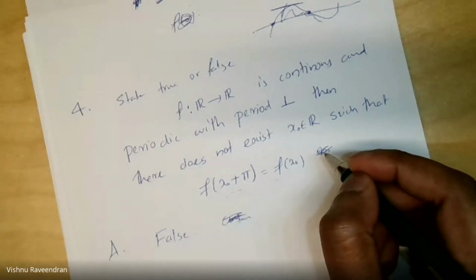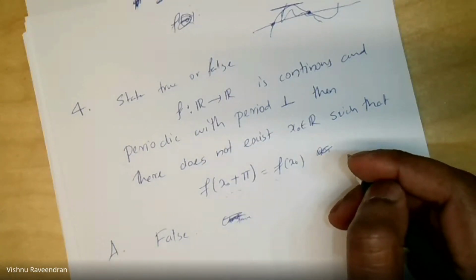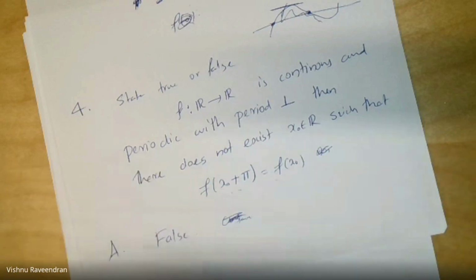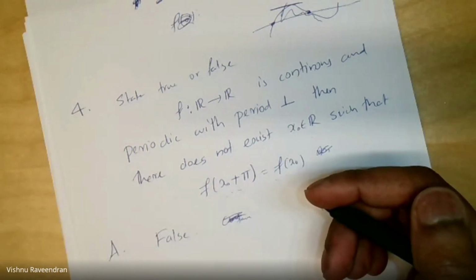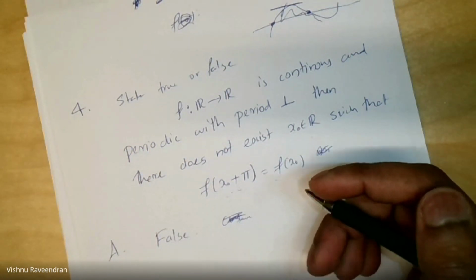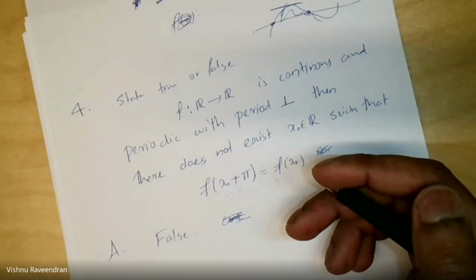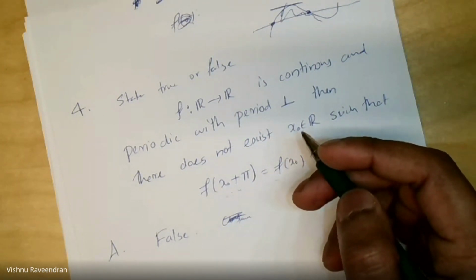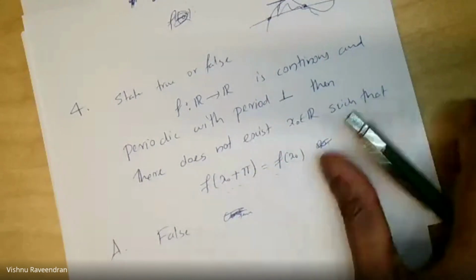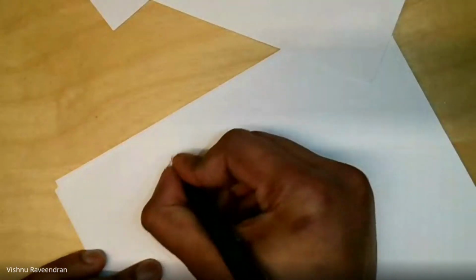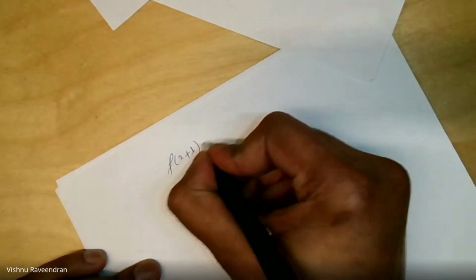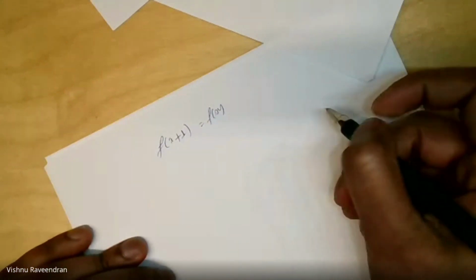But a constant function doesn't have a fundamental period, right? But you can consider it as a periodic function because it will repeat the value. You cannot find a fundamental period, but any number is a period actually, because f of x plus 1 will be f of x for any x.